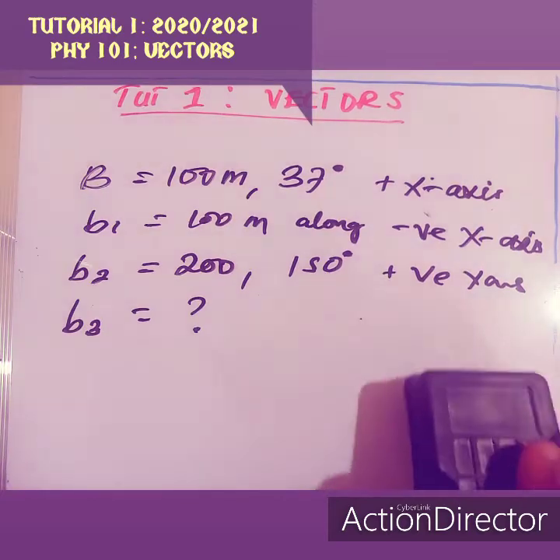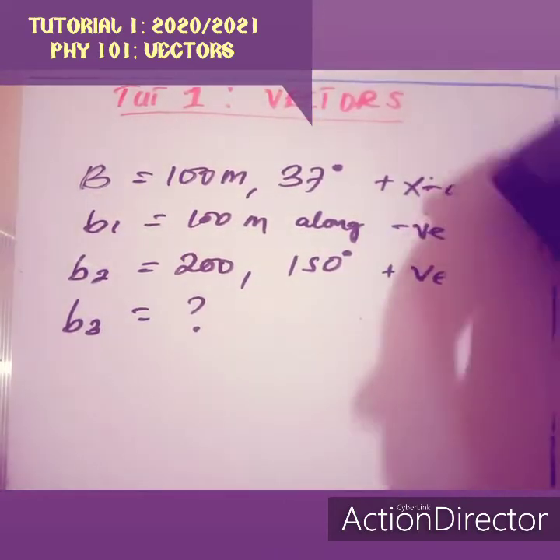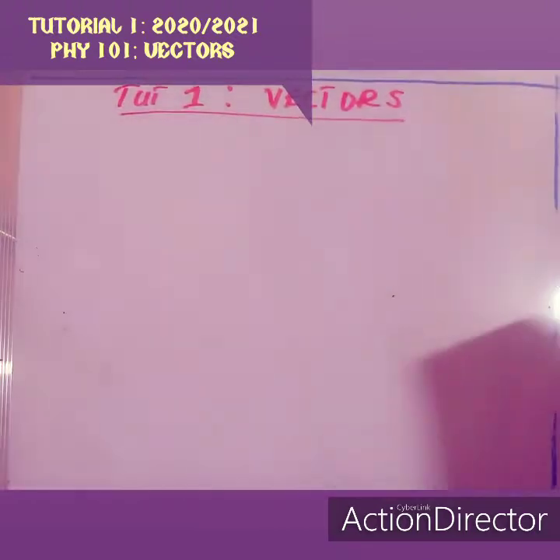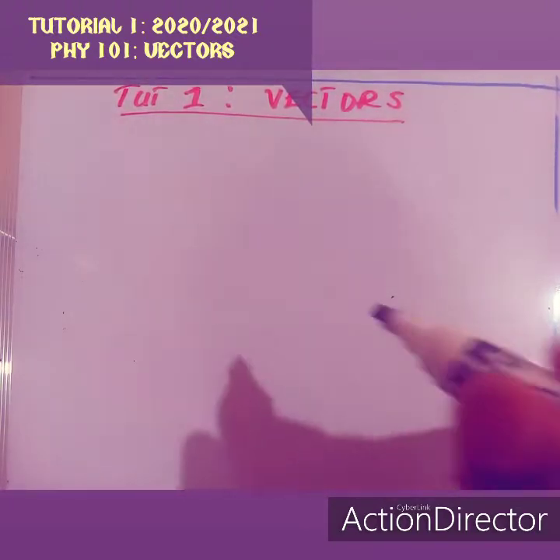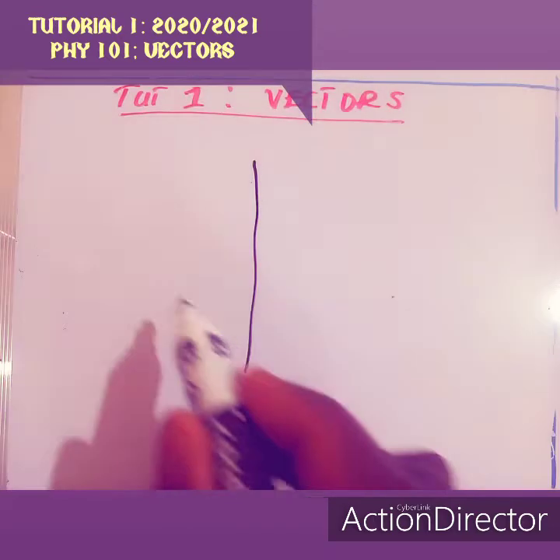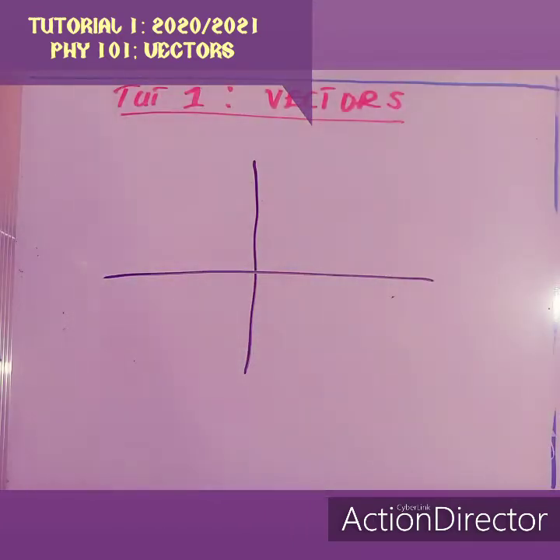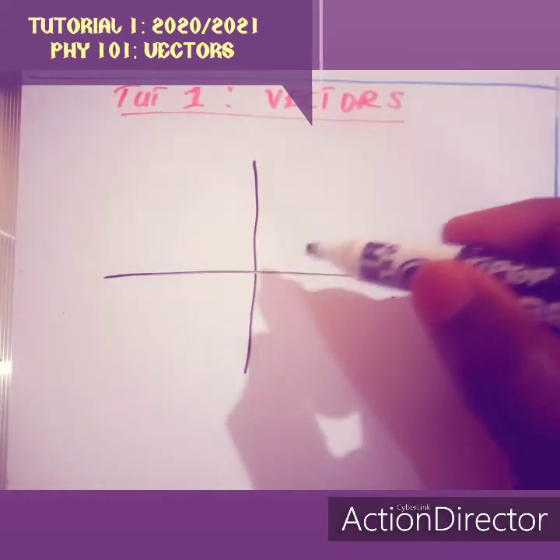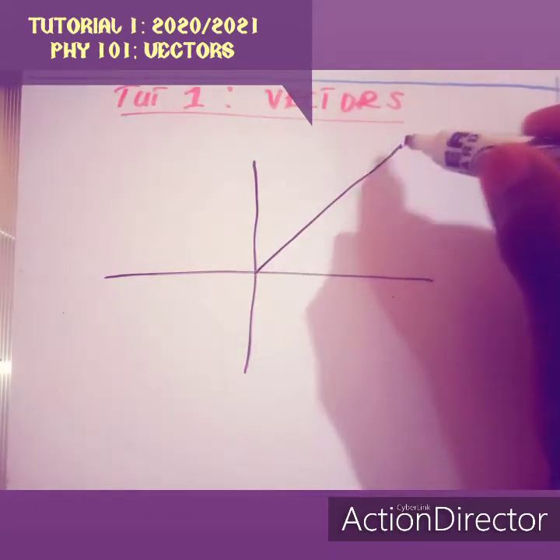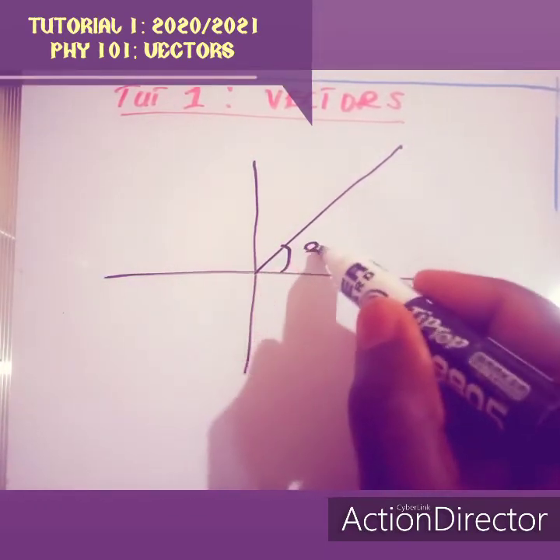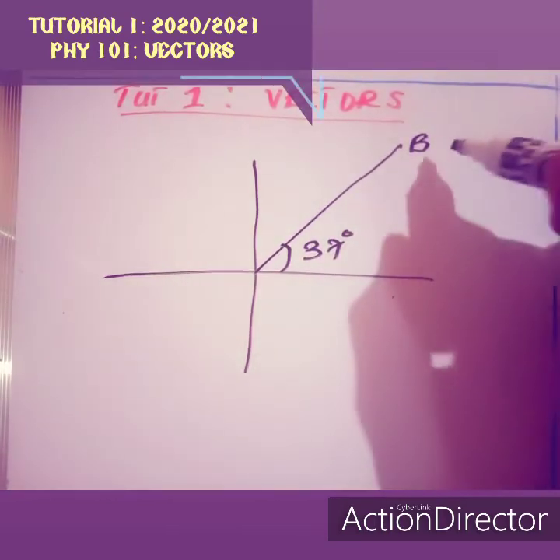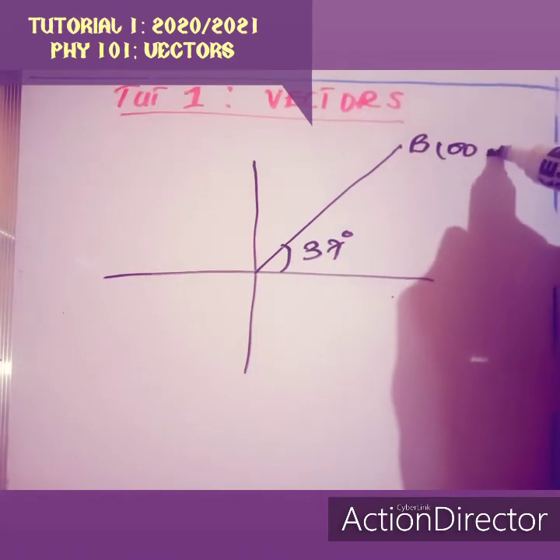So what you do is you sketch your values so that you can have a clear picture of what is going on. If we use an x-y plane, this is my x-y plane. Our B, which is our resultant, is there at 37 degrees. This B is 100 meters.